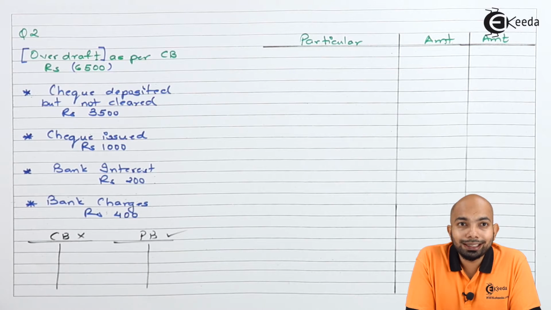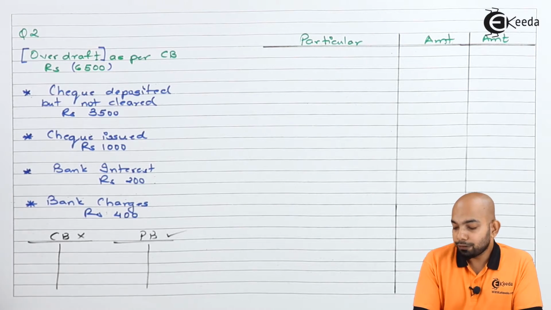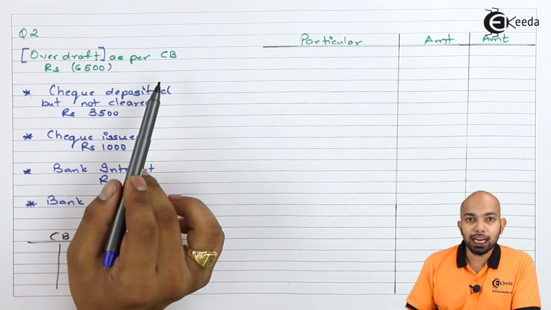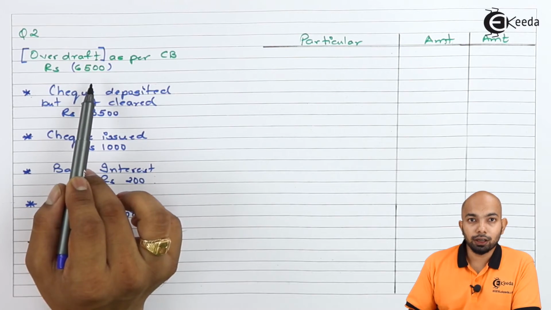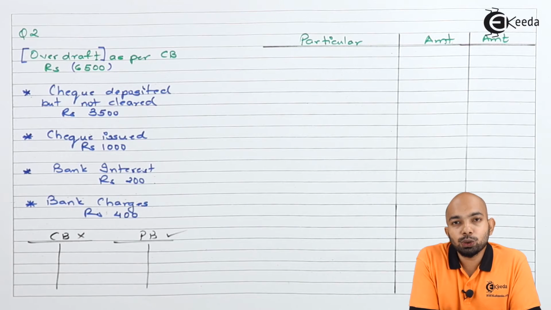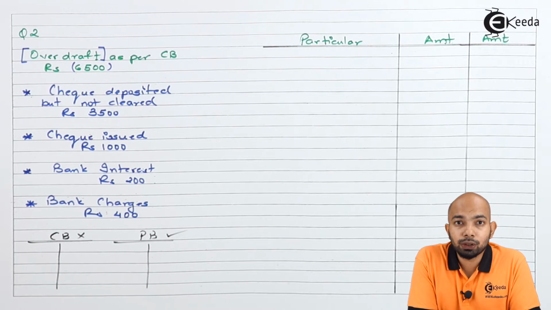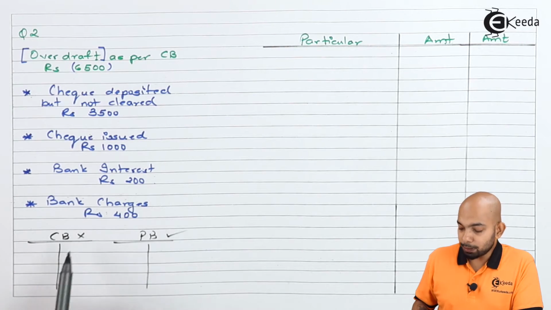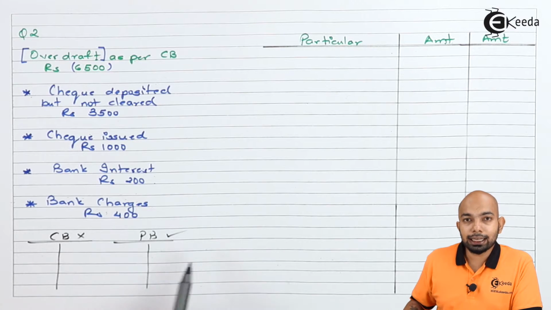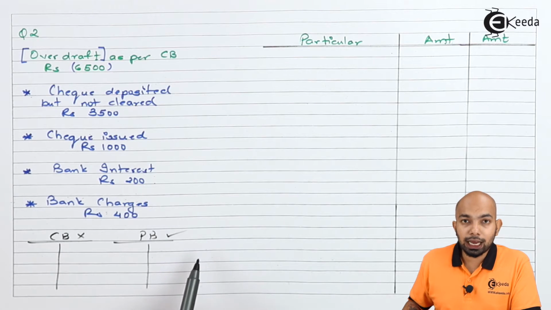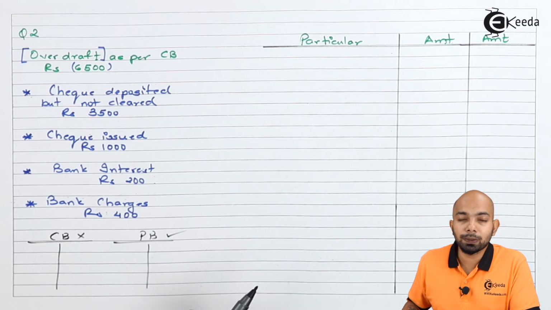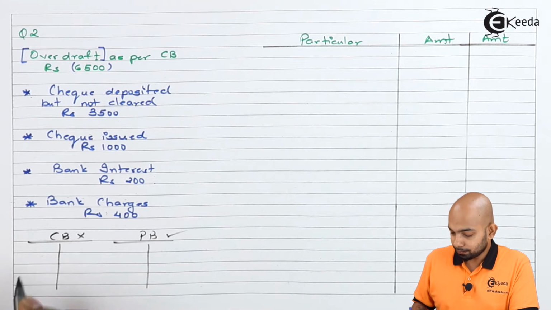The first point we need is to understand which book is correct and which book is incorrect. As per the specifications in the sum, we have an overdraft balance as per cash book, which is 6,500. So the cash book seems to be incorrect, whereas the passbook seems to be correct. Let's put the addition and subtraction signs here so that we'll be able to solve these transactions.